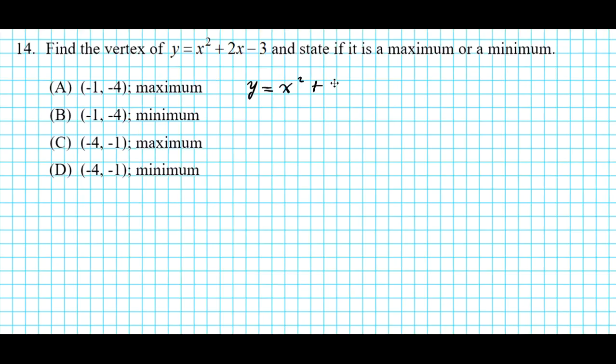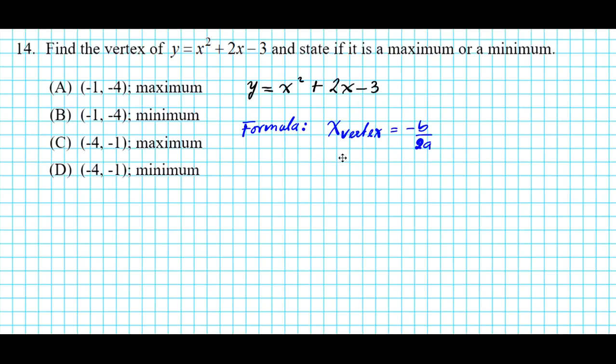We have y equals x squared plus 2x minus 3. The formula for the x coordinate of the vertex is negative b over 2a.